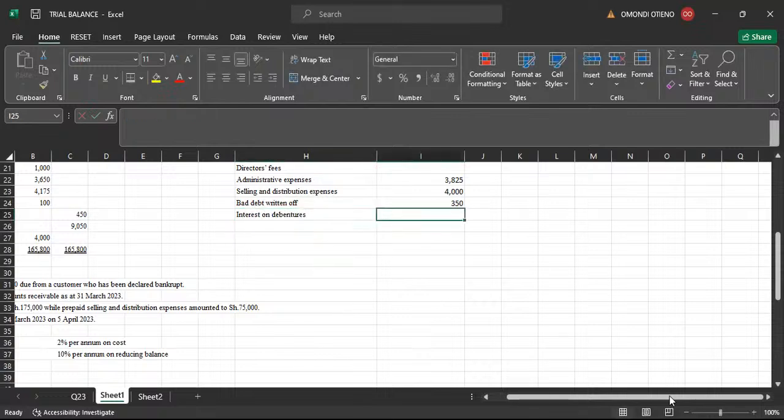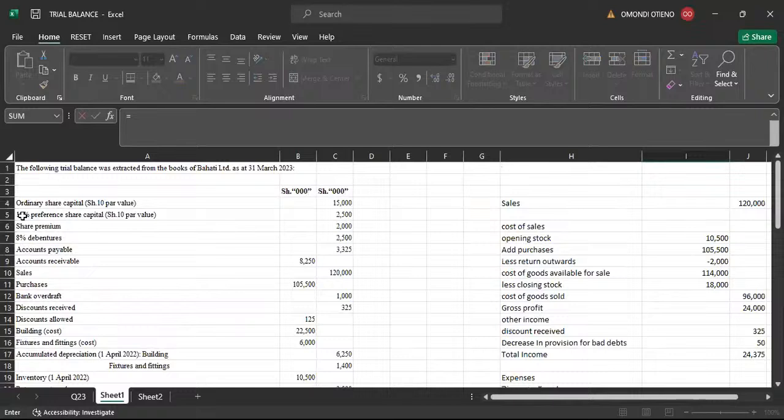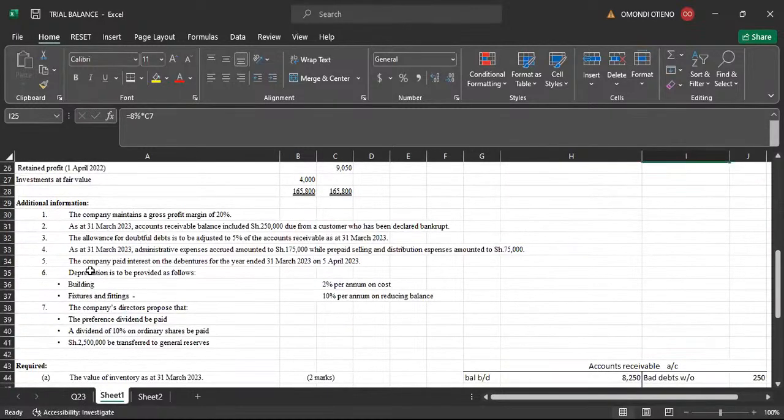So one, it will be an expense and then taken to current liabilities as an accrued expense. So debentures here, we are told that the interest rate is 8% of the debentures value, which is 2,500. So that entire interest is accrued. So this one will also be a liability. Then we have depreciation is to be provided as follows.